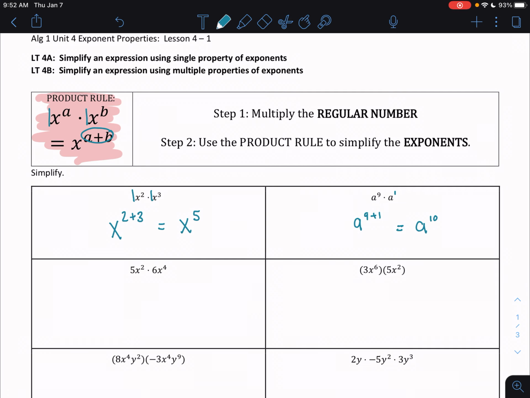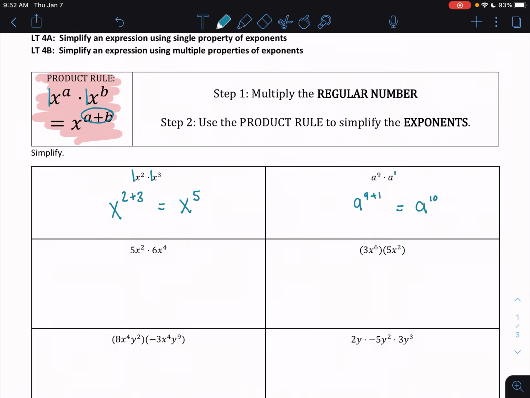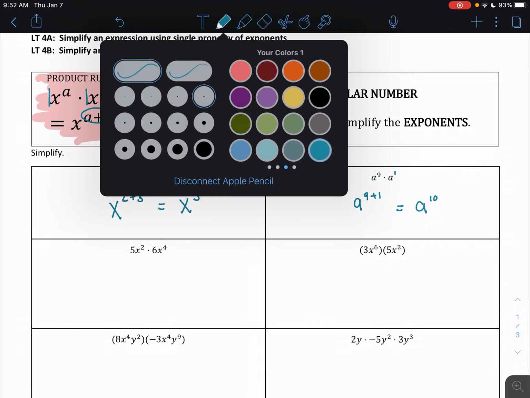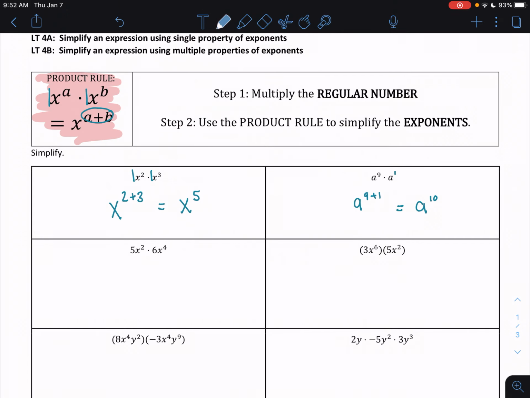All right, so our next ones here, these have coefficients, or the regular numbers in front, that are not just 1. So let's try that. 5x squared times 6x to the 4th. So if we multiply the regular numbers, we would get 5 times 6, right?